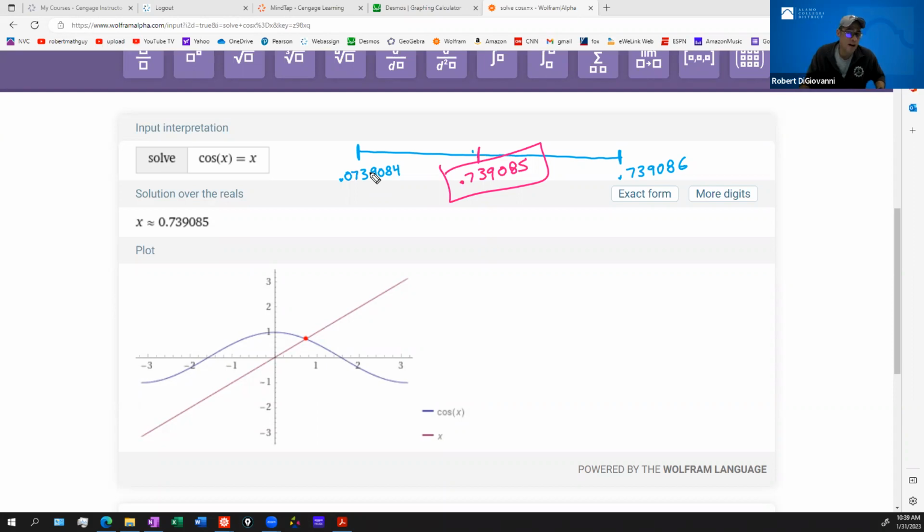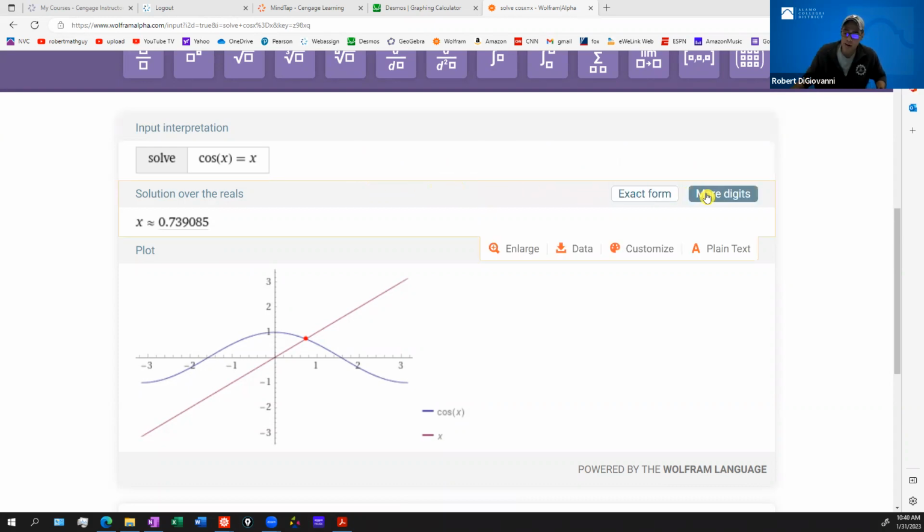Well, maybe I'm building aircraft parts or something. I need something even more precise, right? Well, that tiny interval can keep on getting cut in half. So if you click on over here, more digits, you're going to tell the computer, hey, I need you to go further. I need you to keep cutting those things in half and give me more precision.